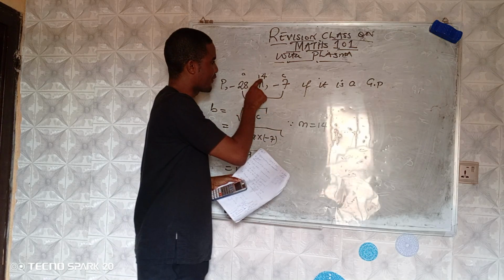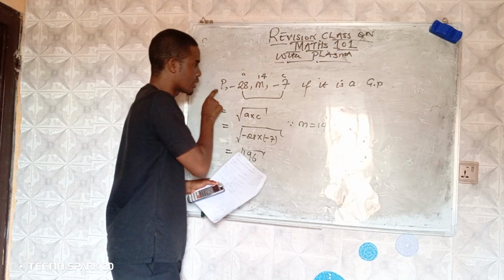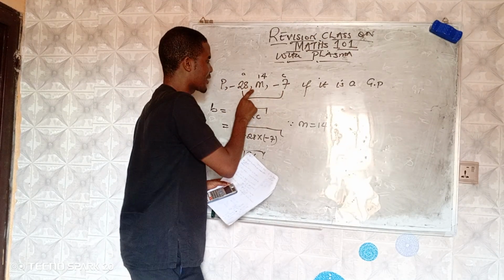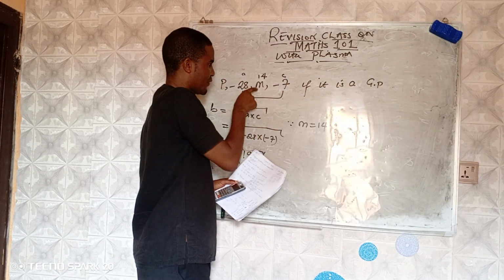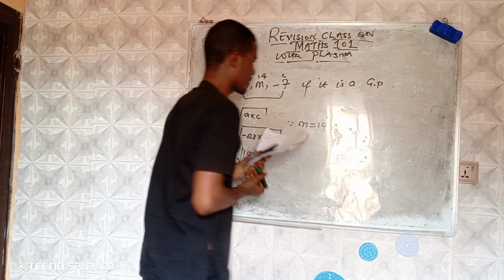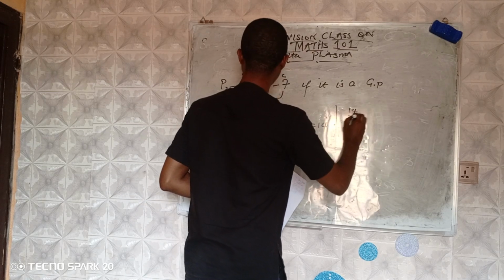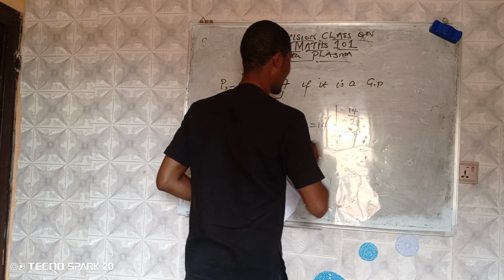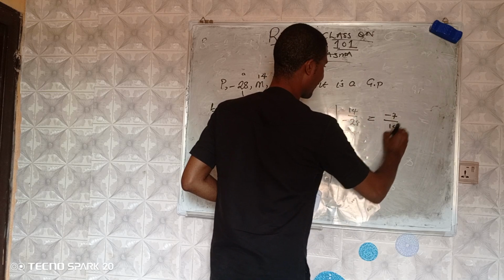So if this one is 14, I can now get the common ratio so that I will know what to do here. That means since it's GP, 14 divided by minus 28 should be equals to minus 7 divided by 14.